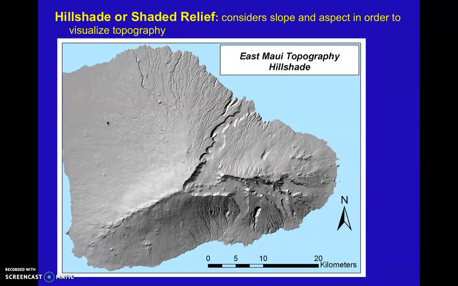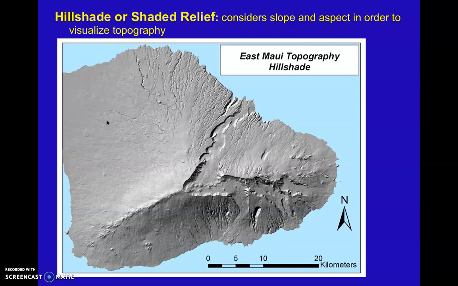Another thing we can do is to have what we call a hillshade, or what's called shaded relief. And really, this is combining both the slope and the aspect to create a visualization of what that landscape looks like in 3 dimensions. And what it's doing is it's thinking about if we had a light source somewhere.